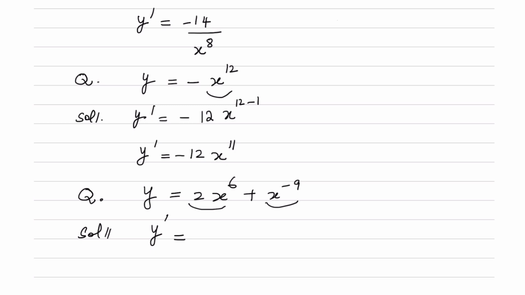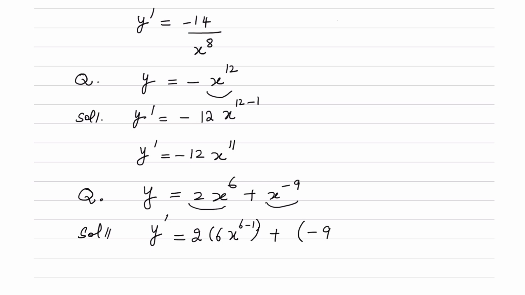So for the derivative of the first term, you will keep 2 on the side and then on x to power 6 you will apply the power rule, which is 6 x to power 6 minus 1, plus the power rule on x to power minus 9.